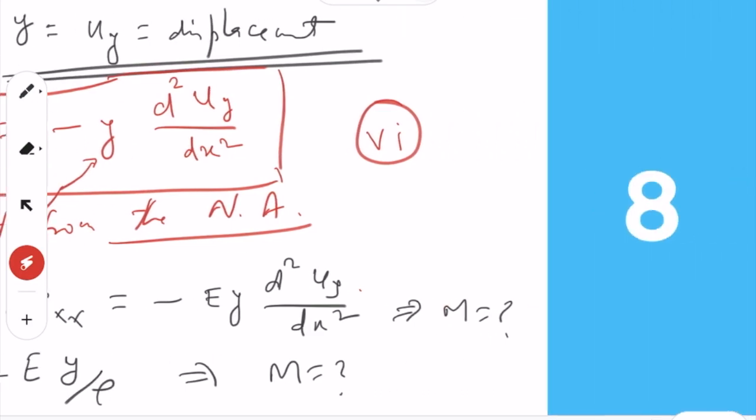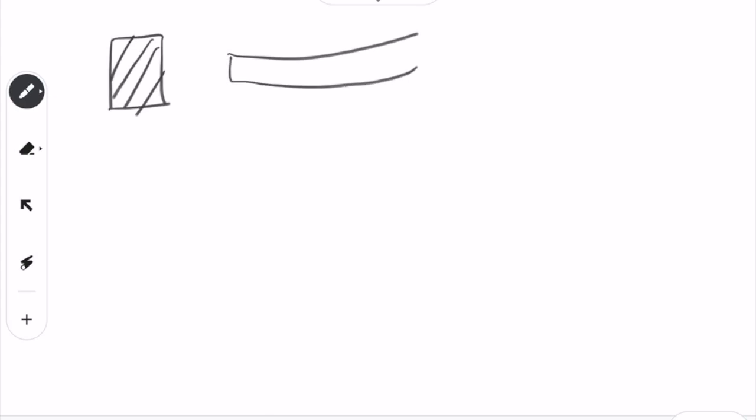Now let us say this is a section we are talking about, a section of the beam, and there will be some stresses there. The beam is being bent like this, and we are talking about a small slice of this length. The section here will look like this.